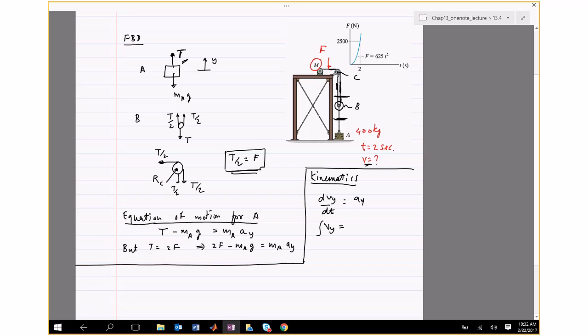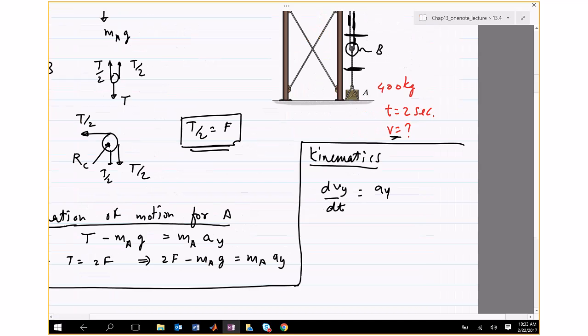It starts with velocity equal to 0, so the integral of dv_y goes from 0 to v_y equals a_y dt, and what are the limits for the time?